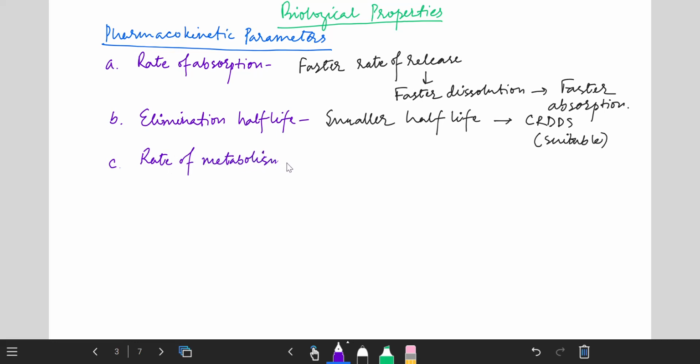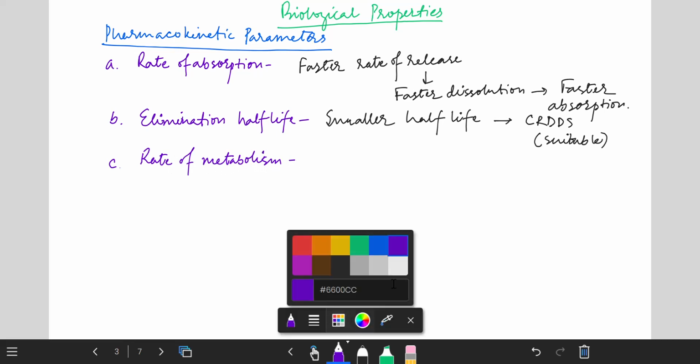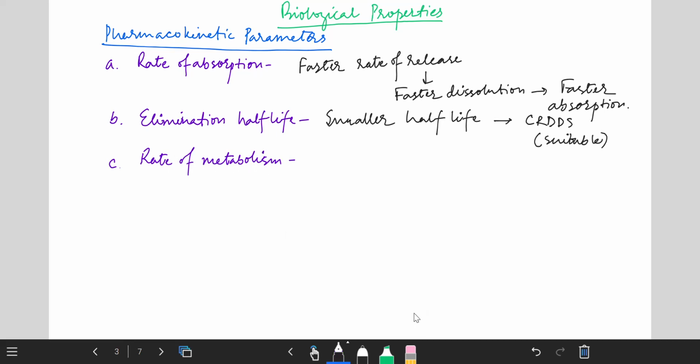The drugs which show extensive hepatic metabolism are suitable for such a system. Extensive hepatic metabolism is suitable for CRDDS.